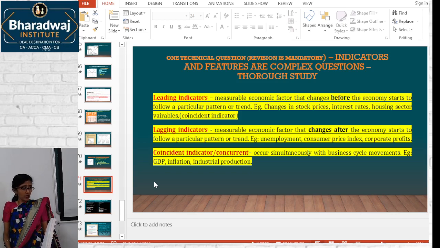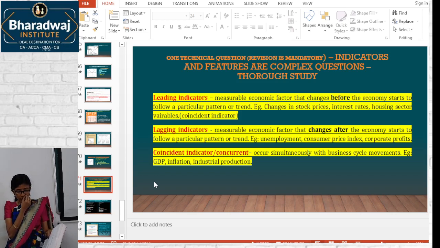Options are Keynes; second one, Mitchell; third, Samuelson; fourth, none of the given.